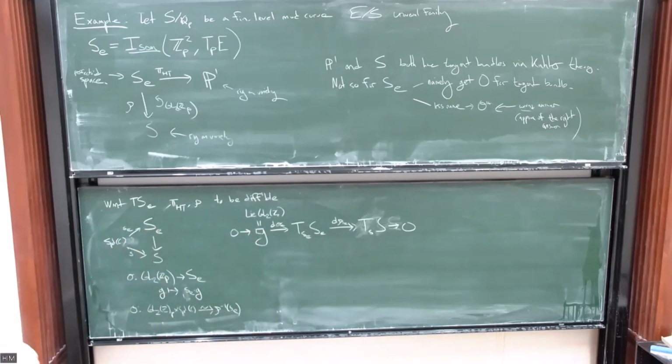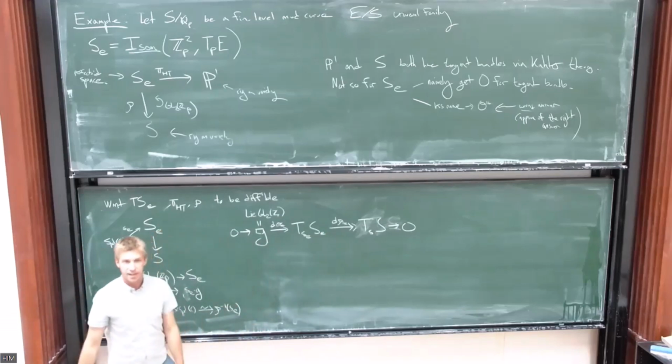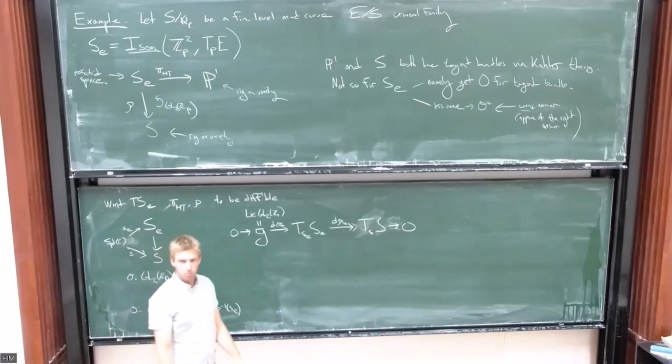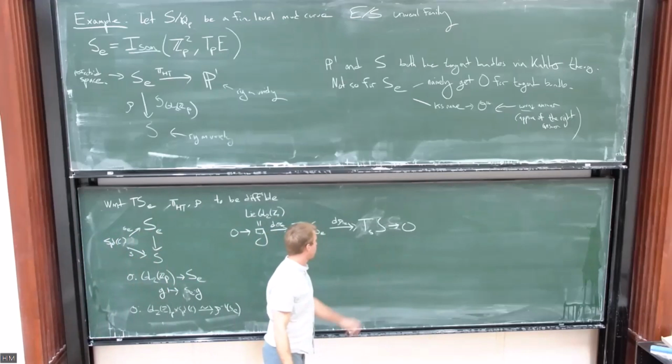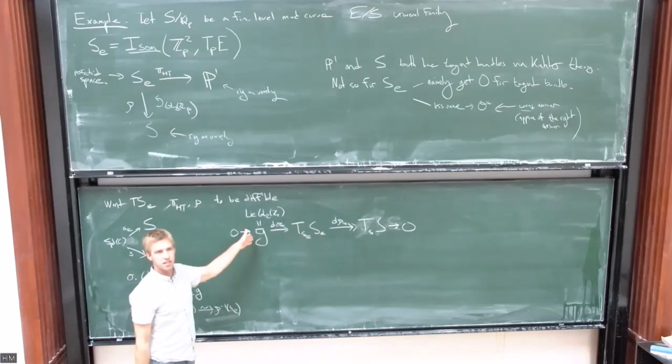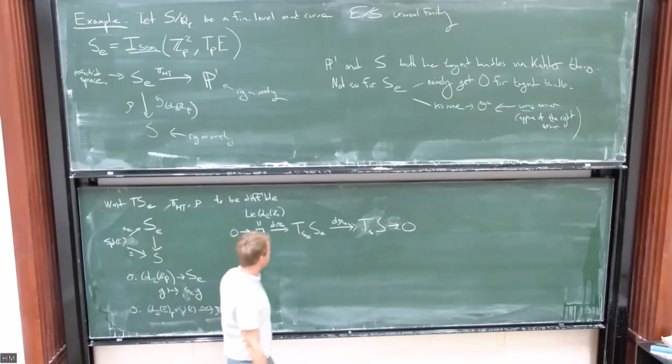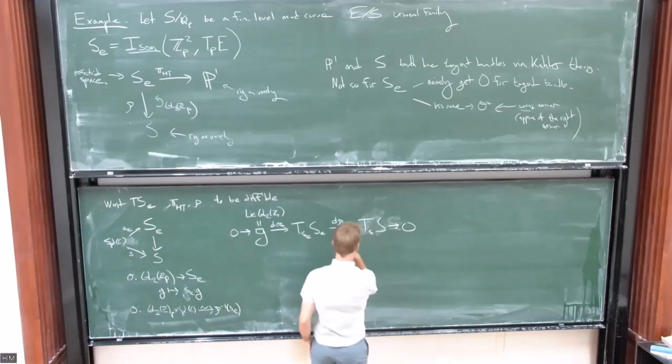Good. So I claim this is some reasonable expectation for what your tangent space should look like if it satisfies some basic reasonable properties. It should be an extension of the tangent space of your base by the tangent space of your p-adic Lie algebra.